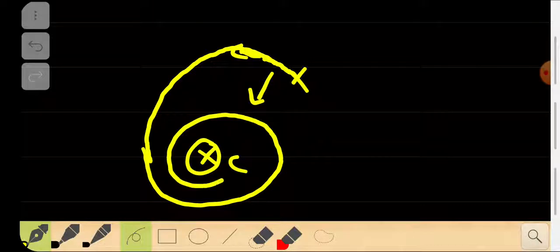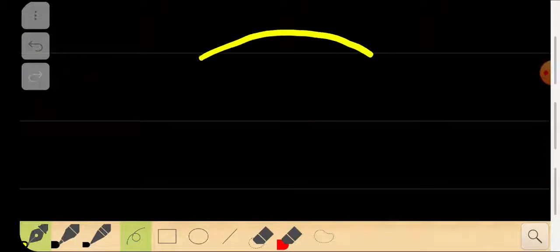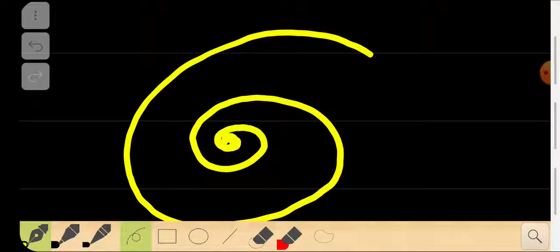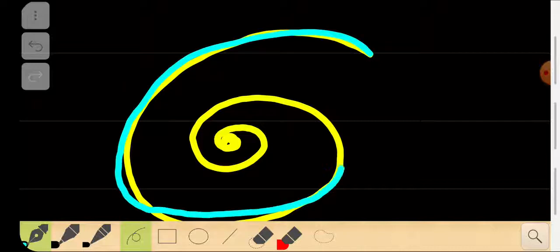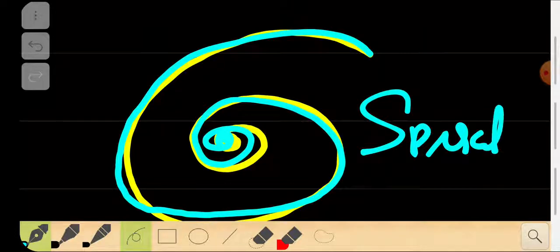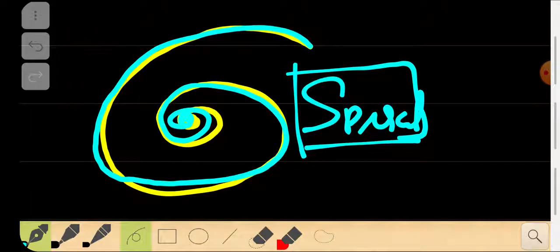So a path will look something like this, a spiral. And it's going to get faster as it gets to the center. That's a spiral motion. So what we have dealt with so far is an equation for a spiral motion.